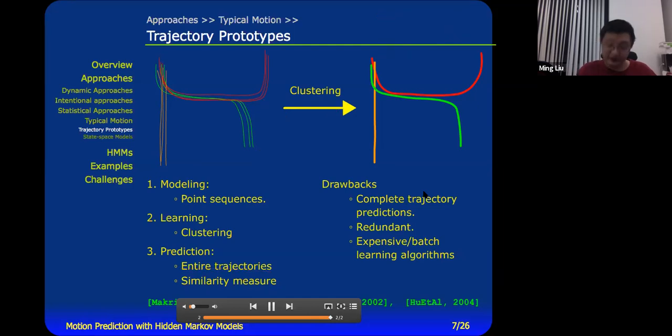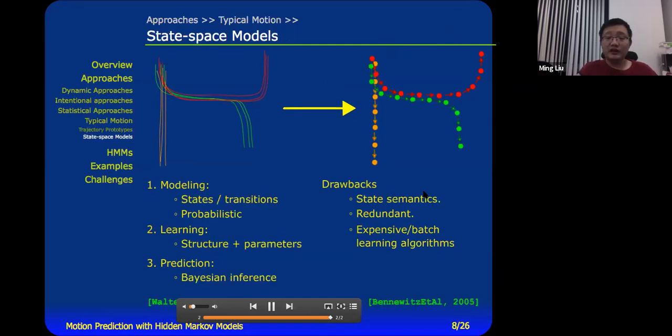Okay, I will skip the details. And finally, you get all these states. From trajectory to clustered trajectory, and then finally you get these discrete states. And now you have the complete model of the possible trajectories.